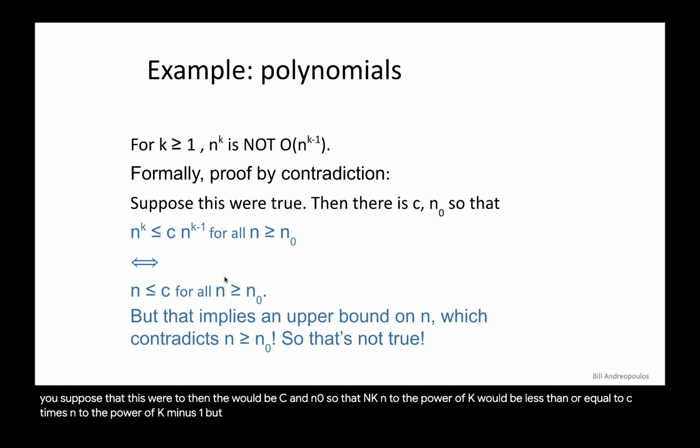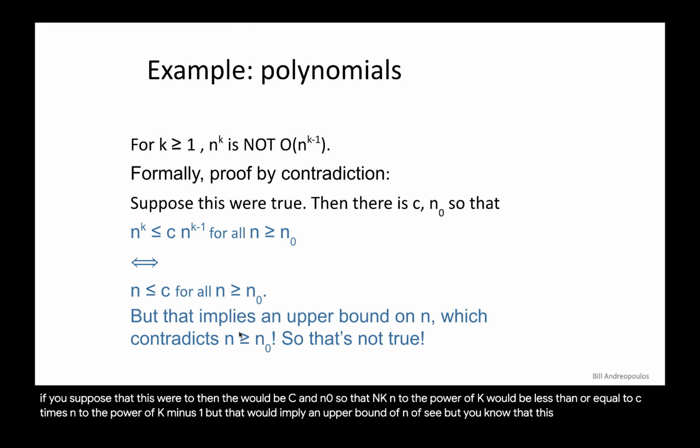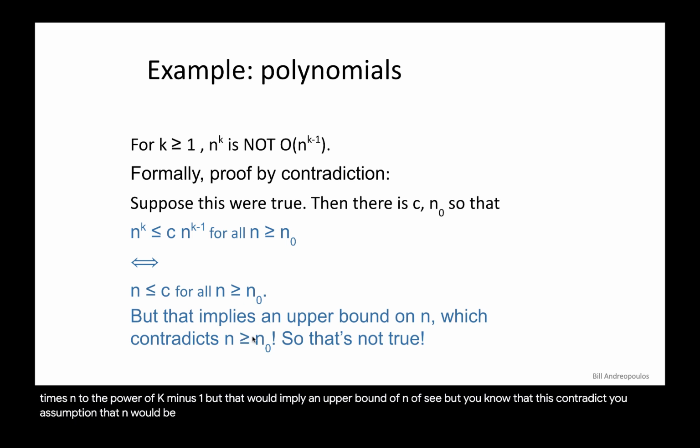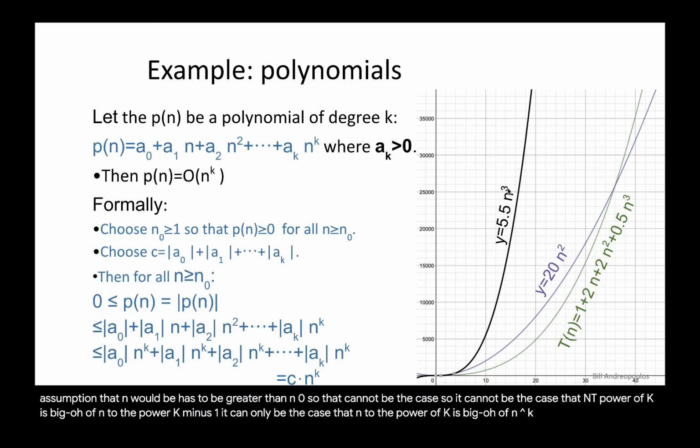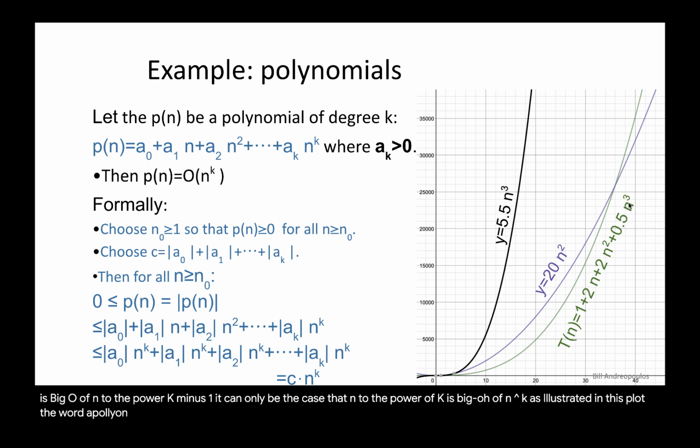But that would imply an upper bound of n of c, but you know that this contradicts your assumption that n has to be greater than n0, so that cannot be the case. So it cannot be the case that n to the power of k is big O of n to the power of k minus 1. It can only be the case that n to the power of k is big O of n to the power of k, as illustrated in this plot, where the polynomial function is big O of n to the power of 3, but it's not big O of n to the power of 2.